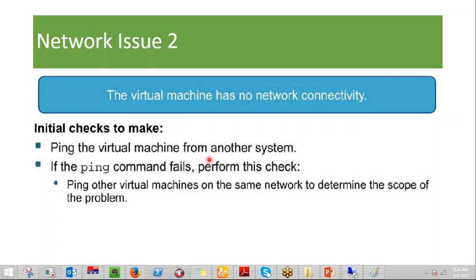You ping from your virtual machine to your ESXi host to see whether it is reaching the network or not. If the ping command fails, perform the following checks. Ping another virtual machine on the same network to determine the problem.